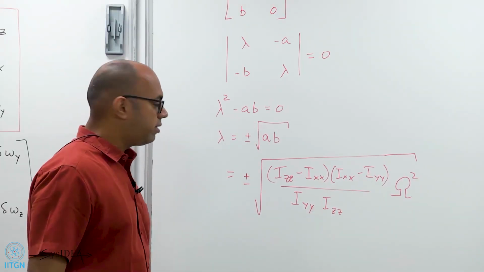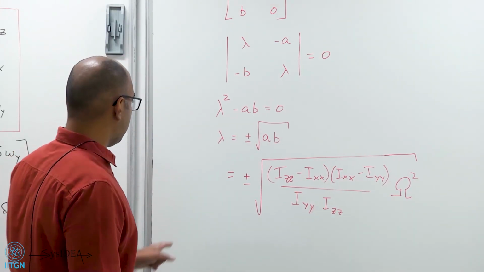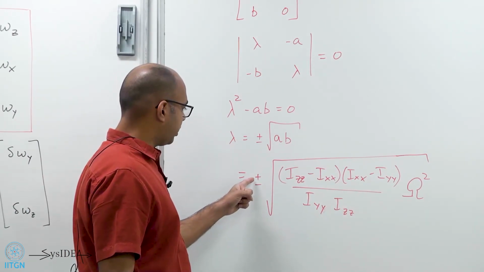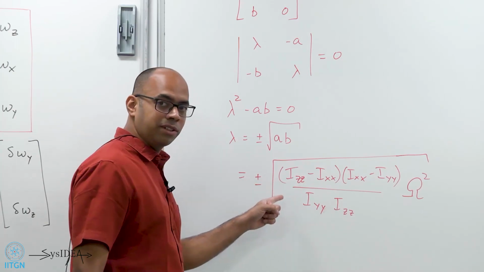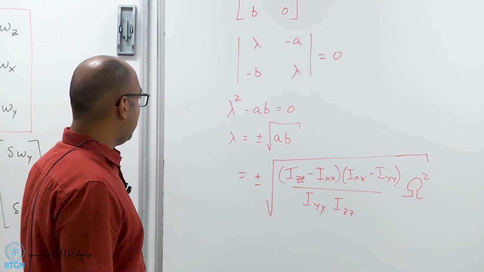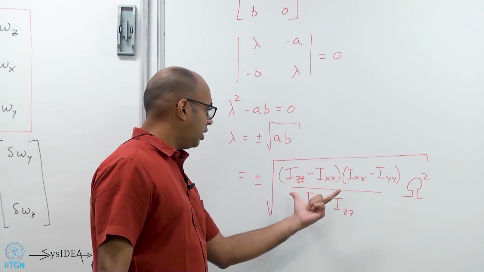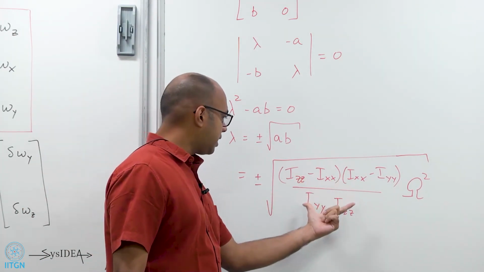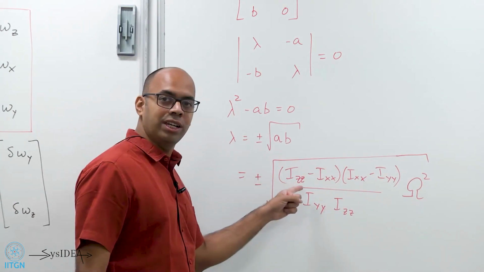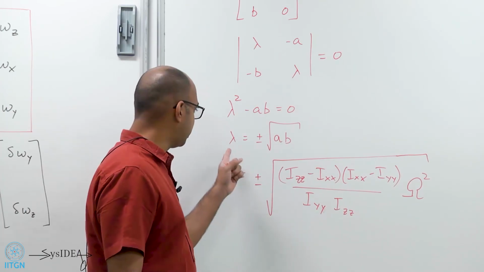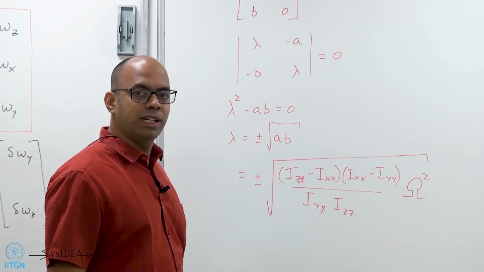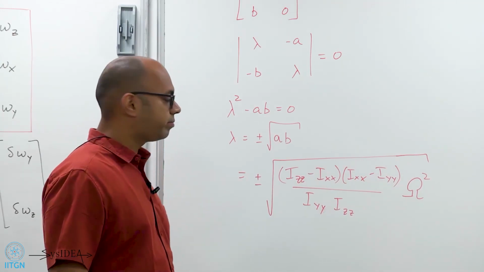So this leads to a very interesting insight, because as we were just talking about, if lambda, one of the eigenvalues, happens to be a positive number, then you will get the perturbations growing. But if the entire thing inside the square root sign ends up being negative, then you will have purely imaginary eigenvalues, in which case you will have bounded response.